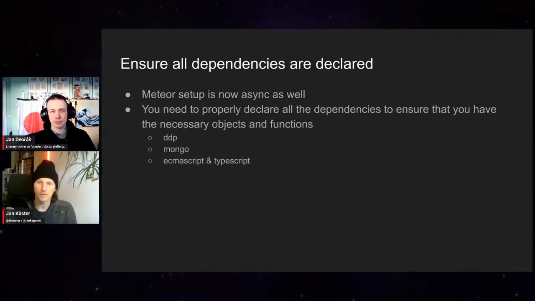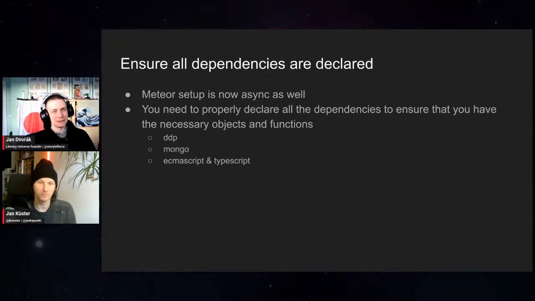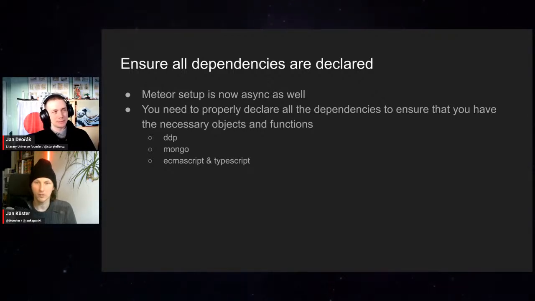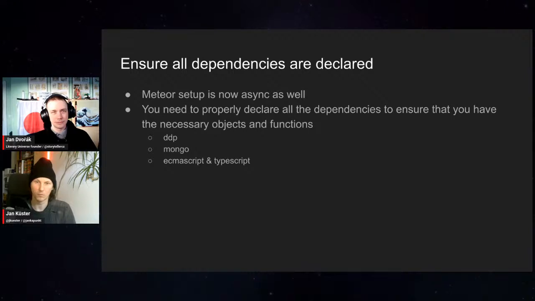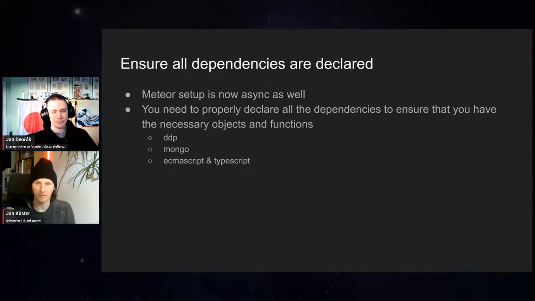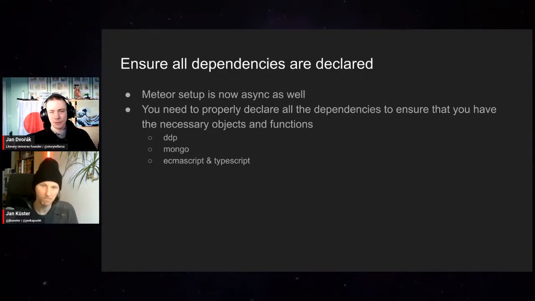And some of the very old packages, like 1.something packages, usually still have some explicit or deprecated package declarations like UI, which was the former Blaze declaration, added for backwards compatibility. You should actively play around and see if you can remove them, if it works without them as well.